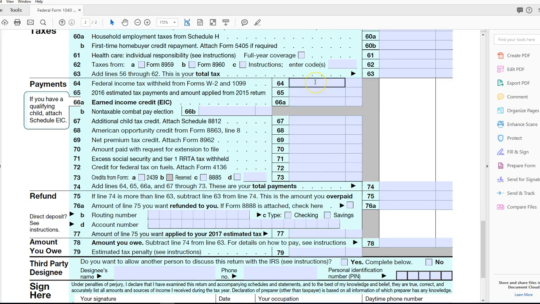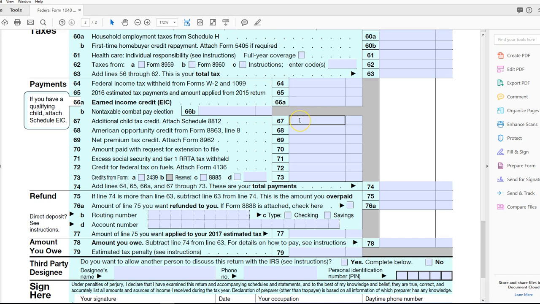Then from that, we can deduct all the things that we've paid in. So we may have paid in on a W-2 form through an employer. Employers are required to withhold money for federal taxes and do. We can also make some estimated taxes. Quarterly estimated taxes are for people that are self-employed and have no other way of getting the money to the IRS. The earned income credit is a credit for lower income people that can take another type of credit and then reduce their tax amount.